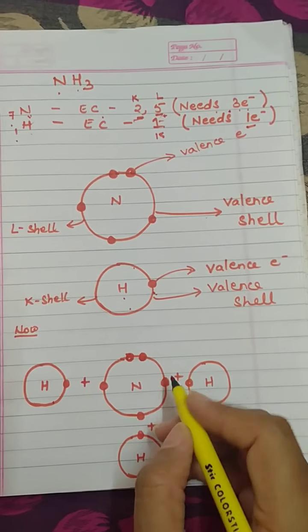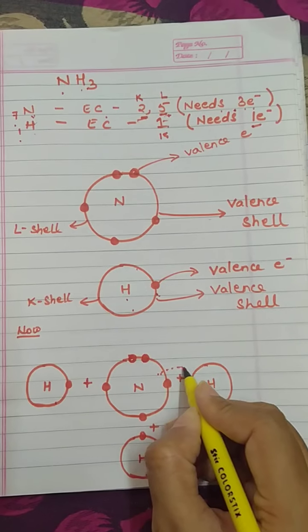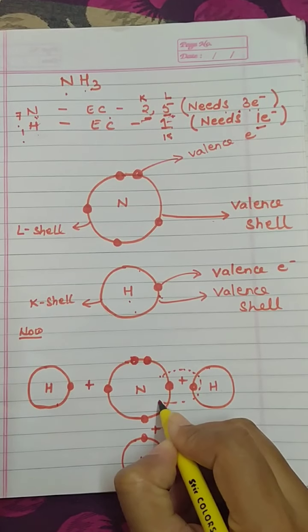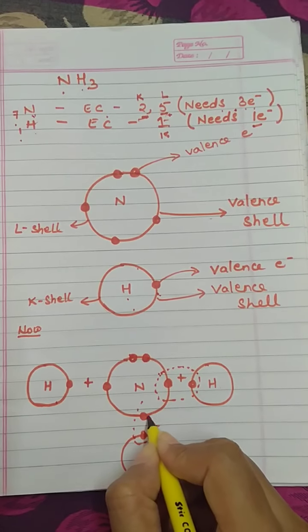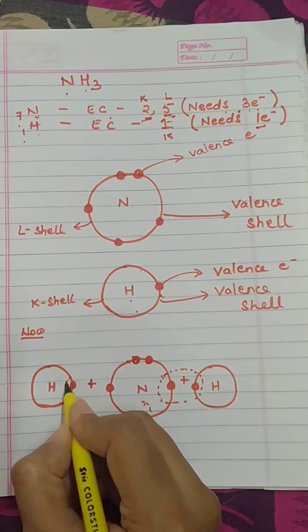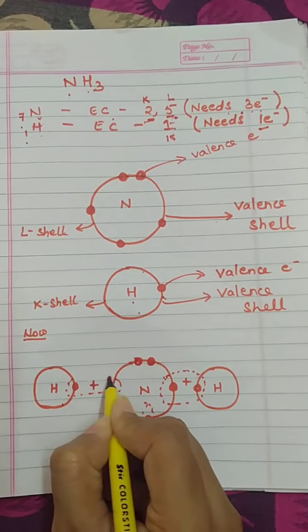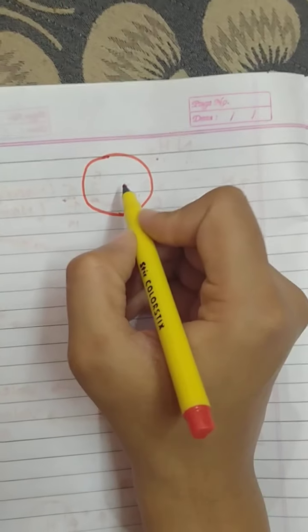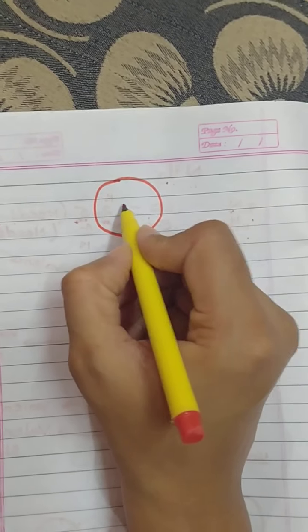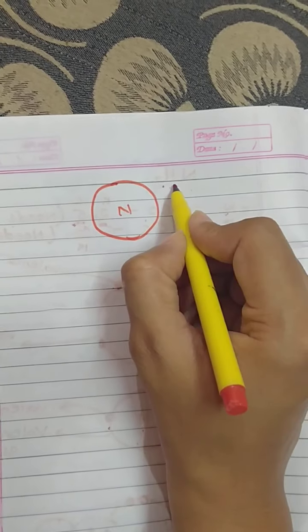There will be sharing of 1 electron each. So for sharing we can draw this type of overlapping so as to show that 1 electron of hydrogen and nitrogen will undergo sharing. Now after sharing you can draw the molecule like this.